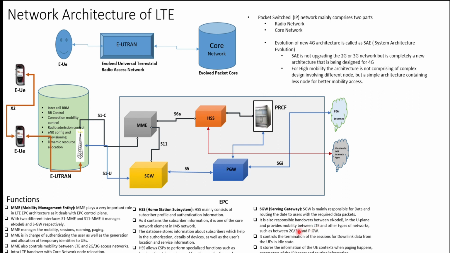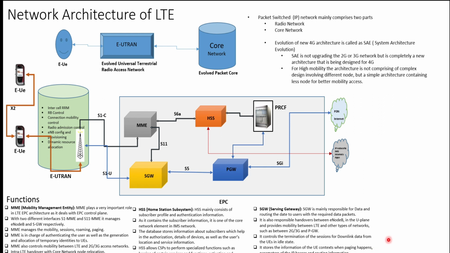It is also responsible for handovers. Let's say a user is moving from one Node B to another Node B; in order to provide seamless connectivity to the user without any breakdown, it also handles your handovers. It controls the termination of the session for downlink data for an idle UE. Let's say if a user is idle, then LTE has the capability to cut over the session, which is called termination of the session.